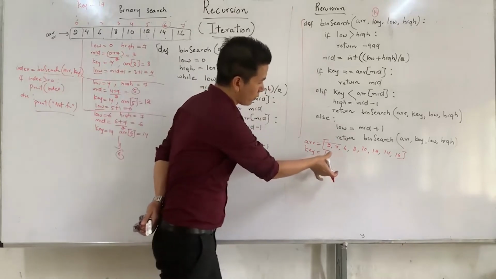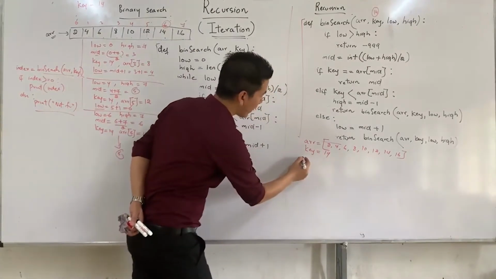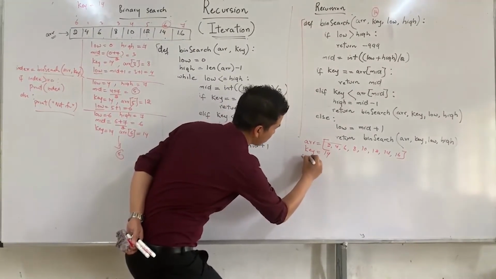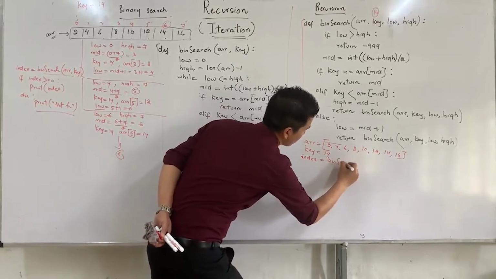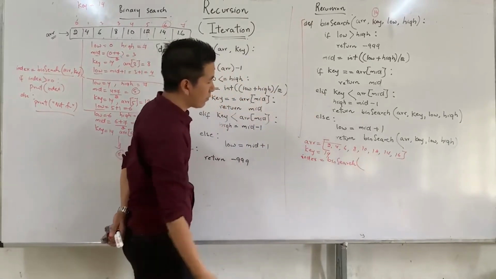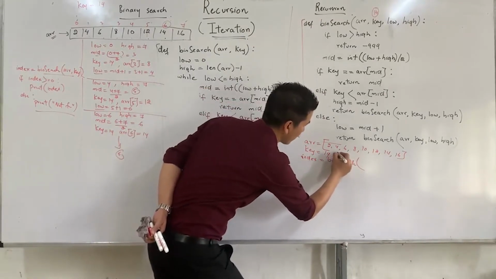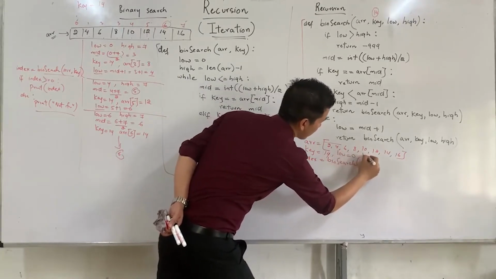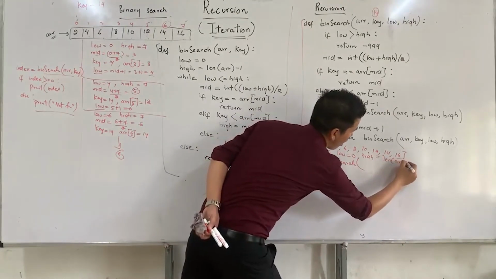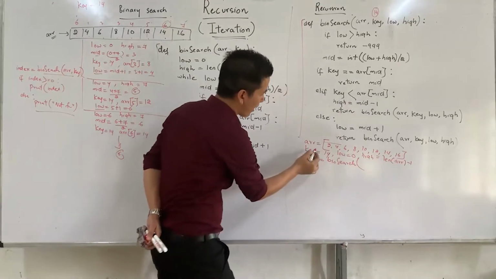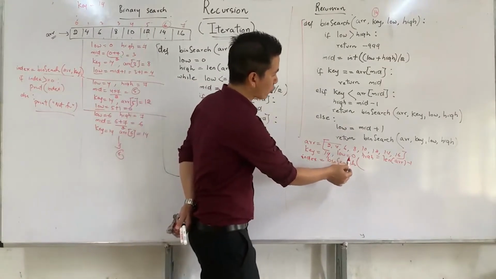You could, of course, prompt the user to enter the key value to be searched for using an int input statement, and then you have index is equal to, let's make the function call, bin search, and then pass all 4 elements, and then after this we should have low is equal to 0, and then high is equal to length of ARR minus 1.